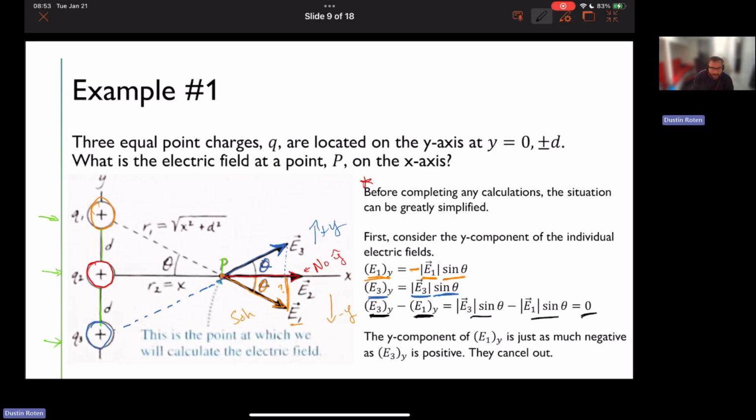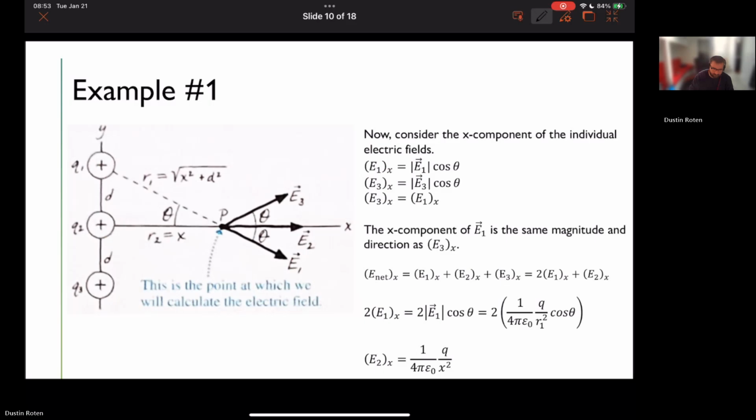So the y component of E1 is just as much negative as E3 is positive, and they cancel out. So we've got the y stuff taken care of for E net. We could write that E net y doesn't matter because it's all symmetric. All we want to care about now is just the x direction.